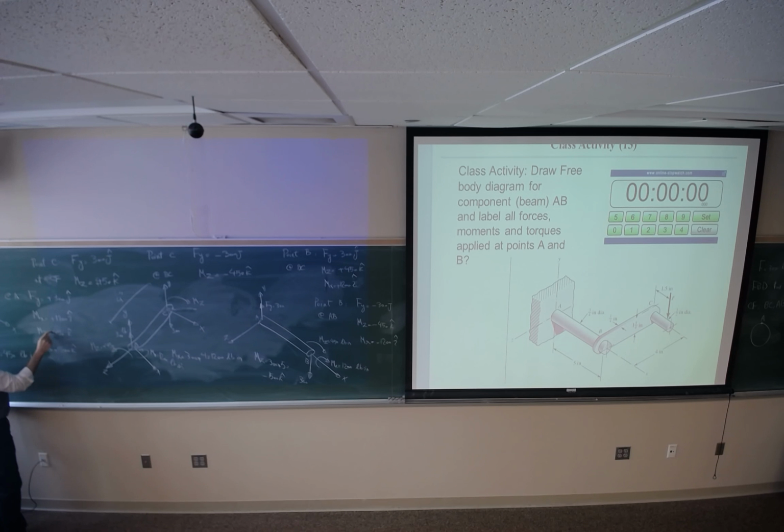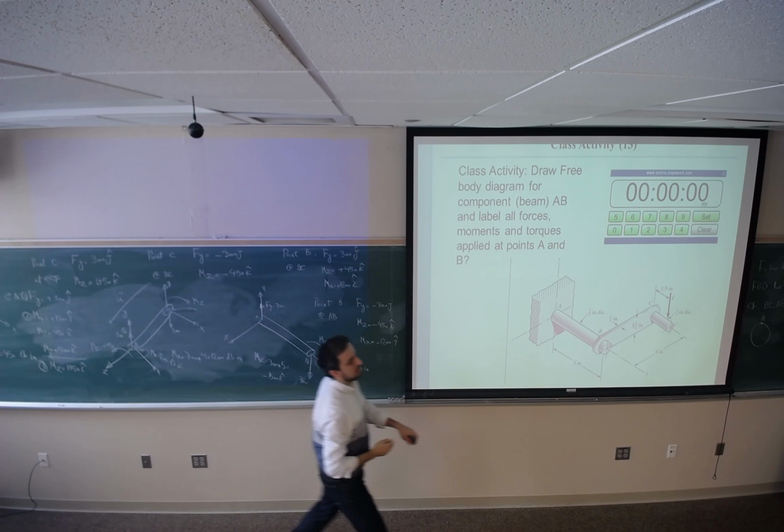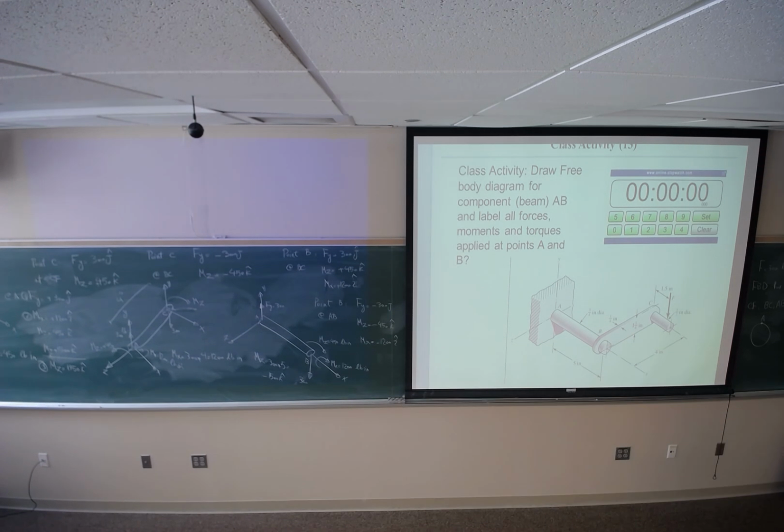So these two can be added up. So I'm going to have MZ 1950 in K. So 1, 2, 3. So these three forces and moment applied to point A at the end of shaft AB.